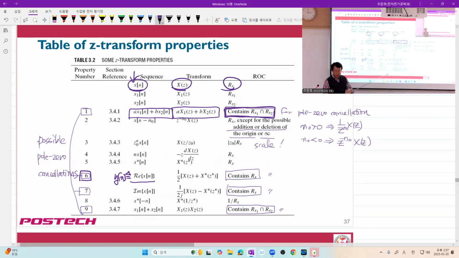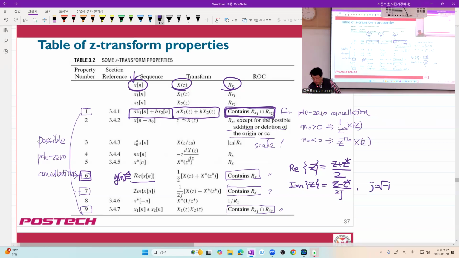And you may say that, well, I don't know, but the trick is this one. If you have a complex number, then what can you say? Its real part is simply Z plus Z conjugate divided by 2. Its imaginary part is Z minus Z conjugate divided by 2J. Here, J is the square root of negative 1. Got it?